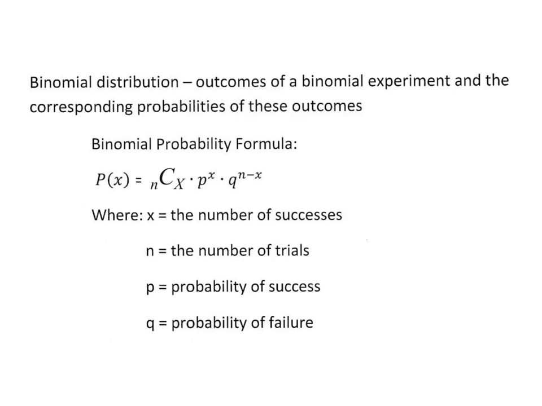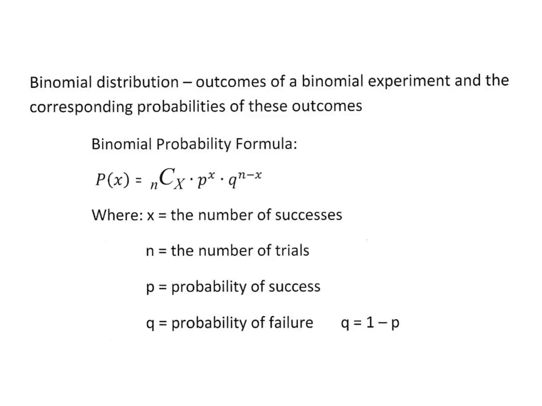What's important here is most of the time they're either going to give us the probability of success or the probability of failure, and you're going to have to calculate the other one. Since there's only 2 outcomes, the probability of success and the probability of failure must add up to 1. So usually the probability of failure, q, is 1 minus whatever you have for p.